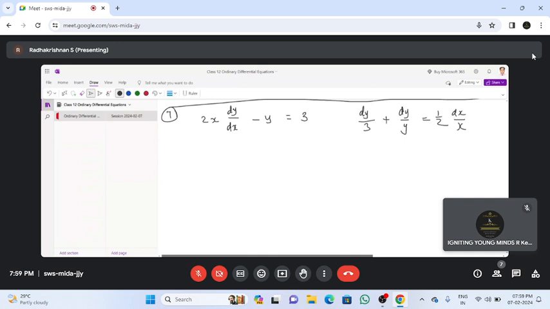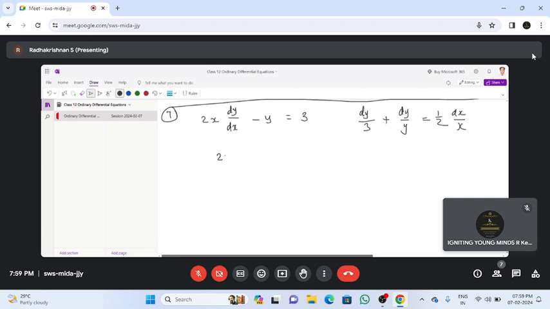Is this the correct way to do? Sir, no sir, it is wrong, sir. Sir, 3 plus y divided by e power minus 1 by 4x square equal to c. Tell the first step, Santosh. I think you've gone to the last step. 2x dy by dx is equal to 3 plus y, sir.